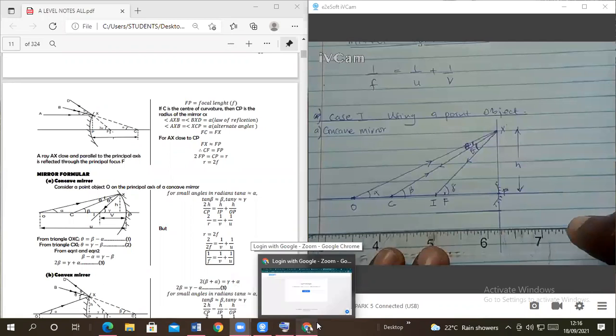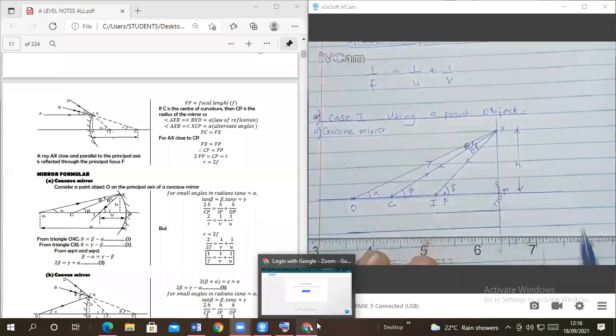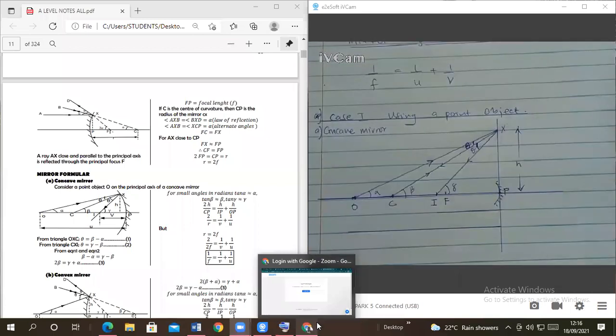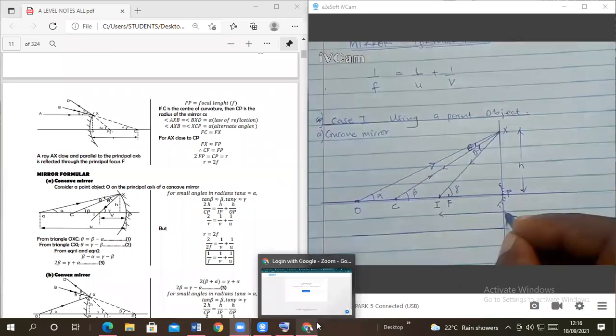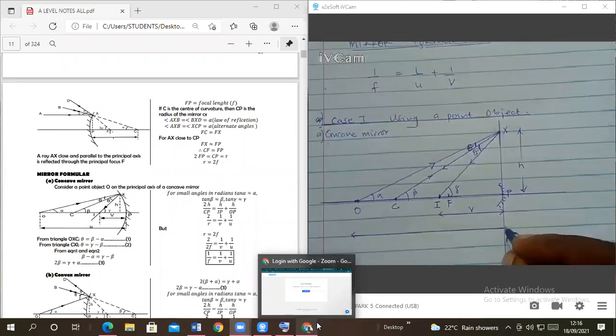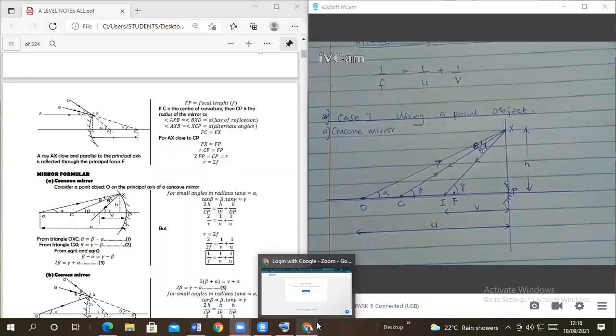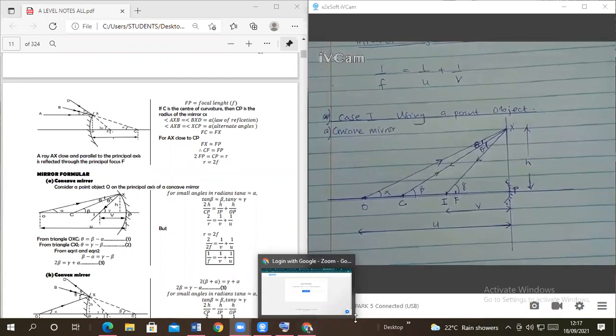We have also the object distance. So this is the object distance there. So this is V, and this one is U. Okay. So now our derivation is going to start.